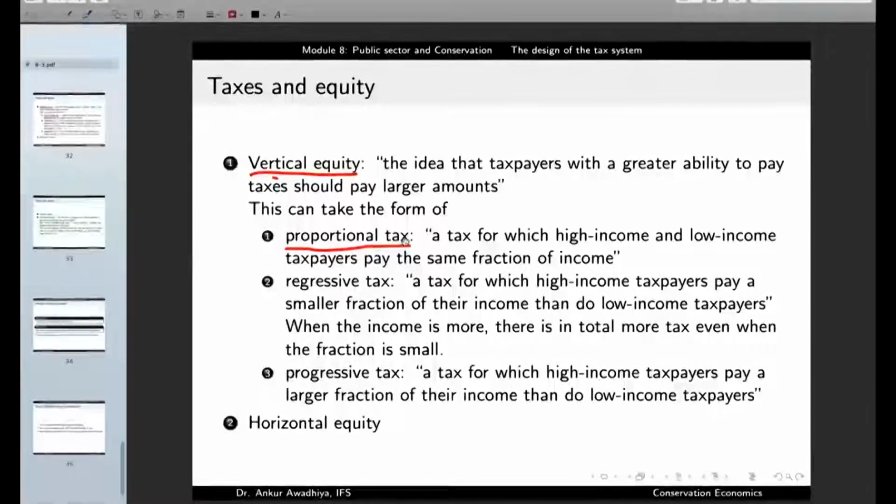Now, this can take the form of a proportional tax. Proportional tax is a tax for which high income and low income taxpayers pay the same fraction of income. Which means that if we have a proportional tax system, then in the tax code we will say that okay, everybody has to pay a 5% tax or say a 10% tax. Now, in the case of a 10% tax, a rich person will also be paying 10% of his or her income in the form of taxes, and a poor person will also be paying only 10% of his or her income in the form of taxes.